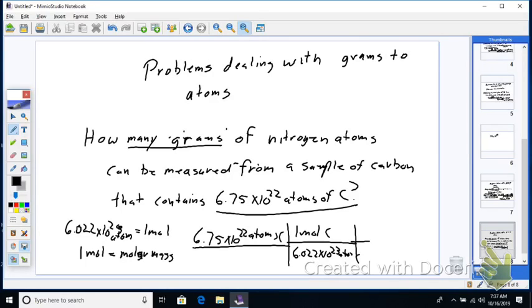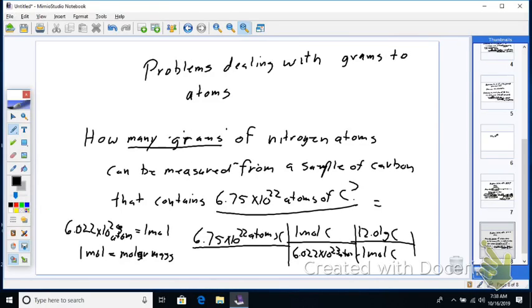Then the next step: for 1 mole of carbon, you know the weight of carbon is 12.01 grams for every 1 mole. Once you do your calculation, you take 6.75 divided by 6.022 times 12.